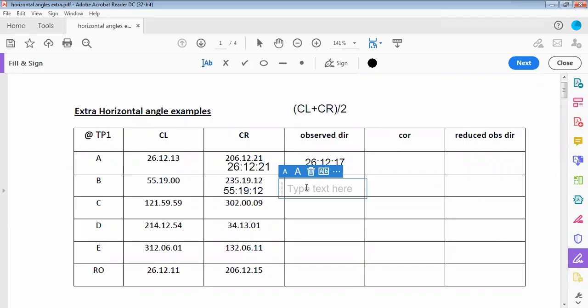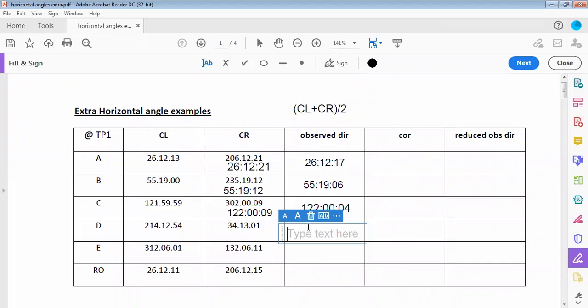The answer you're supposed to get is 55, 19, 06. For this case, again, circle left is smaller than circle right. We subtract 180. The answer you're supposed to get is 122 degrees, 0 minutes, and 4 seconds.